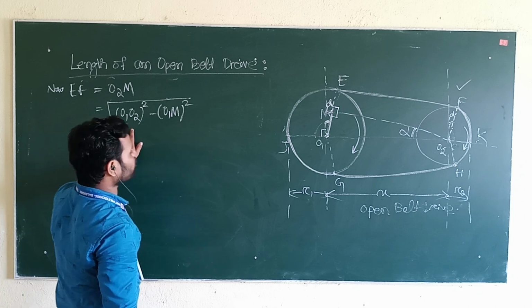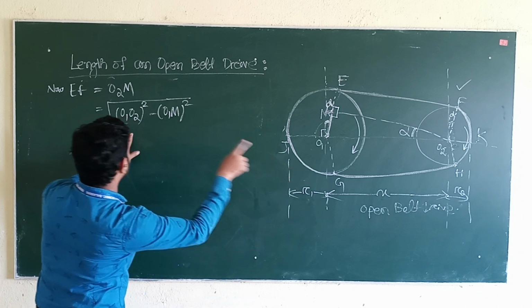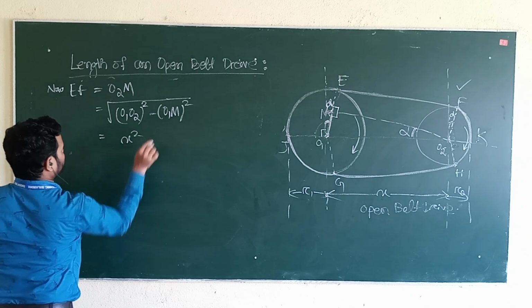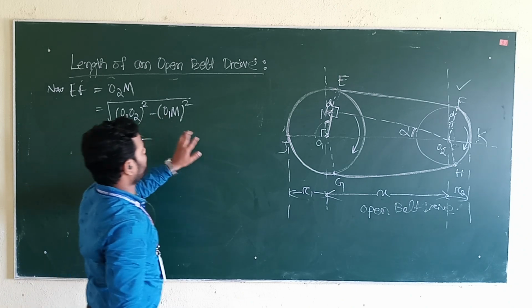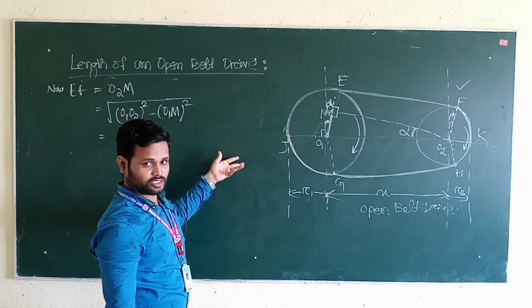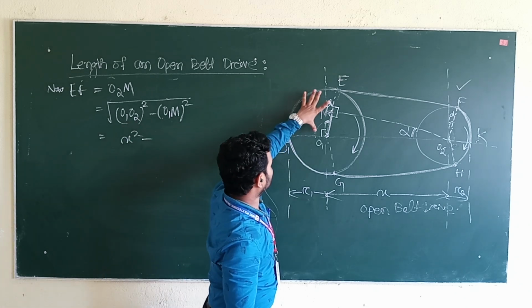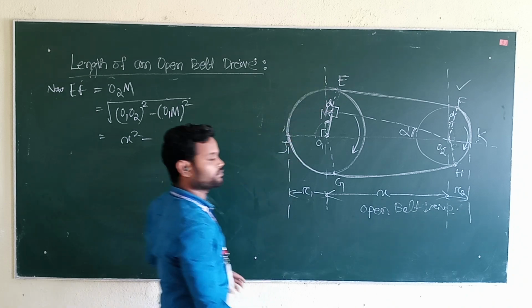What is O1O2 square? The distance from O1 to O2 is X, so X square minus O1M square. Previously we have calculated O1M, that is O1E minus EM.